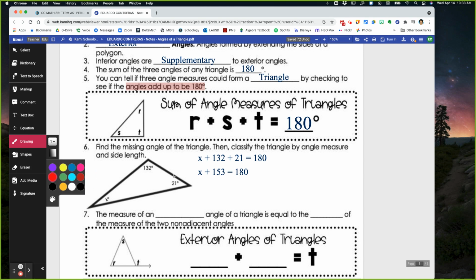So is that on red? Yeah. And my thickness, I'm using the drawing tool. And I'm going to show that I'm going to take away 153 from both sides.